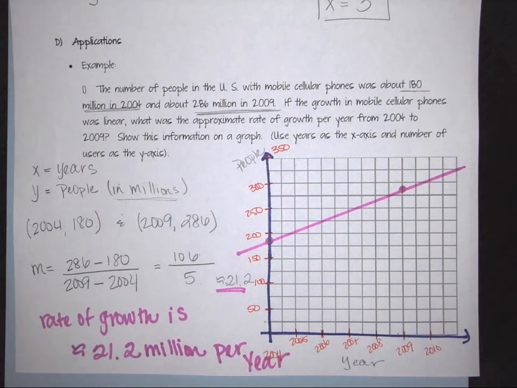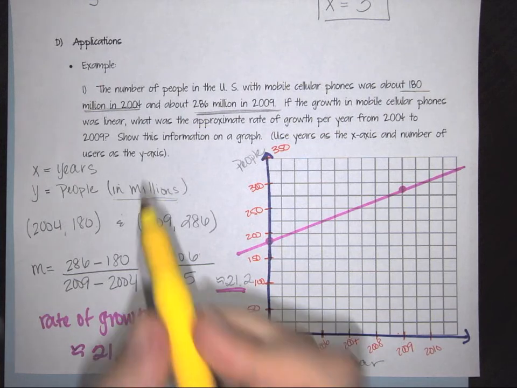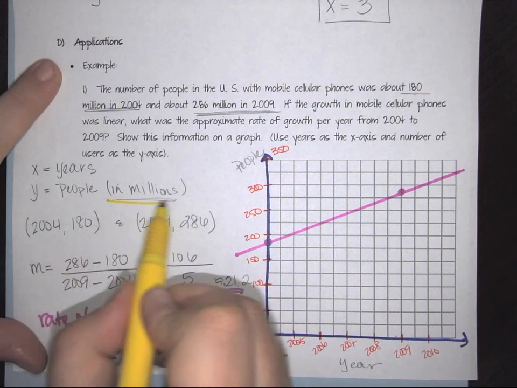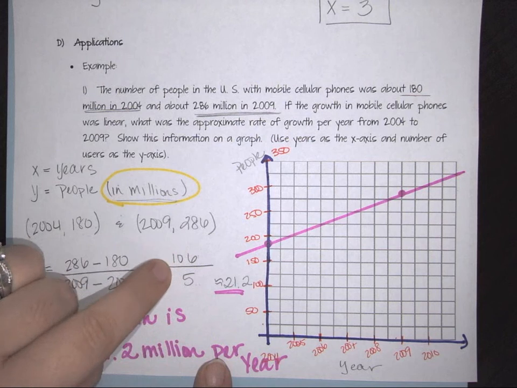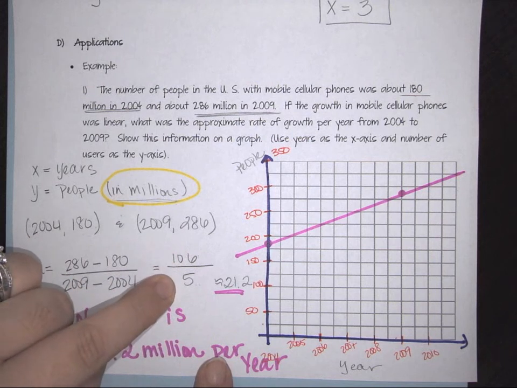Okay, so that is what you would have to do when you're working with your problem: you have to be able to answer the question that you were asked. Now, the other piece that you have to remember is the designation you made in the beginning, because a rate of growth is talking about your change per individual year. If we look at this slope here, we are talking about per 5 years.